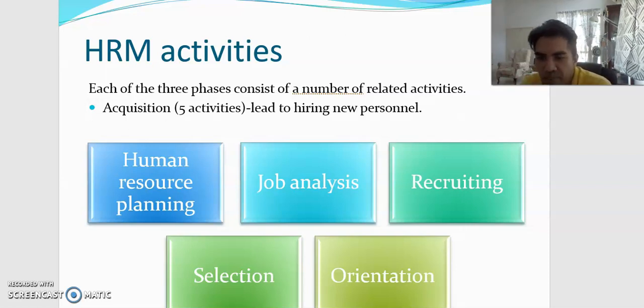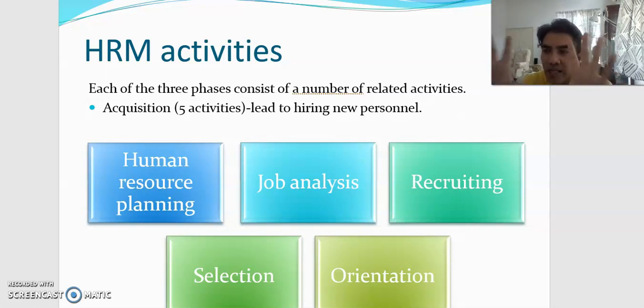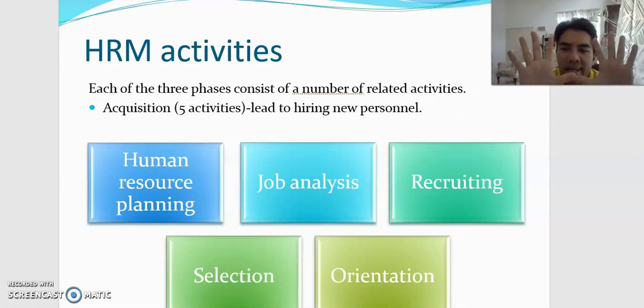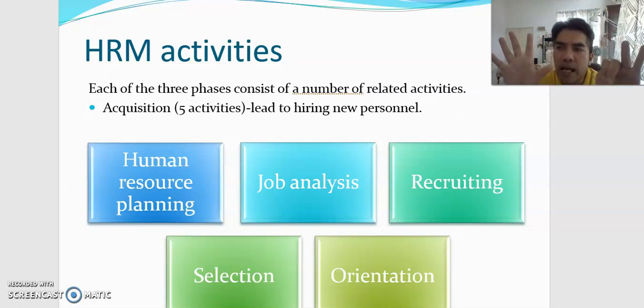Selection process. And then once you have selected your potential candidates, for example, in recruitment we recruit 10 potential candidates. And then after the selection process, we have done the interview, looked at the CVs, and done the tests, and then from these 10 we are left with only 3 potential employees.